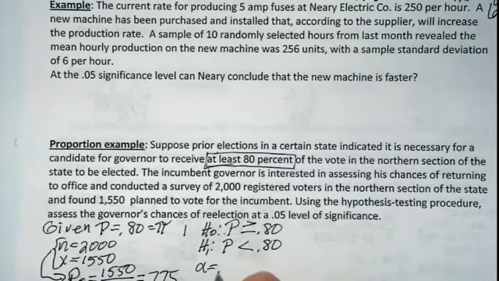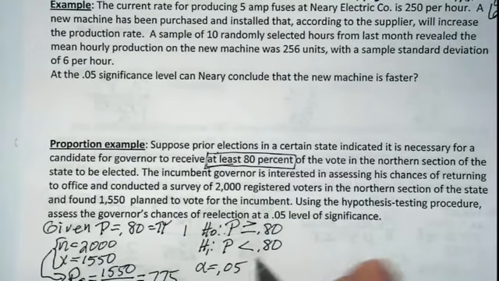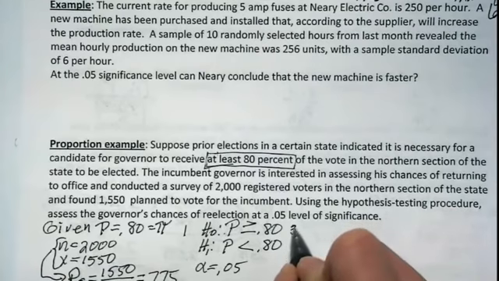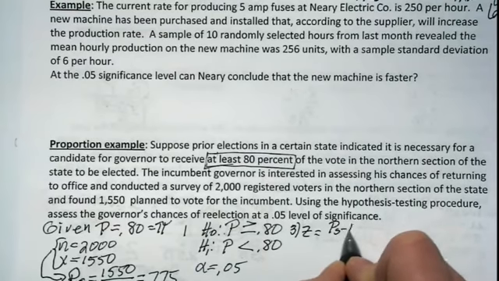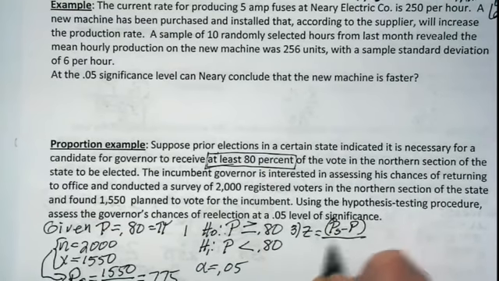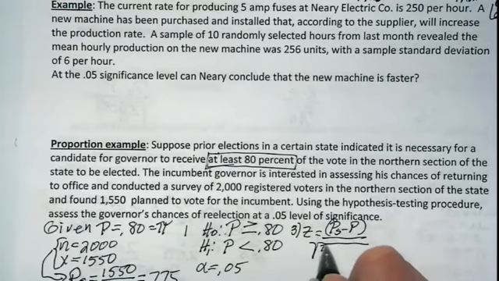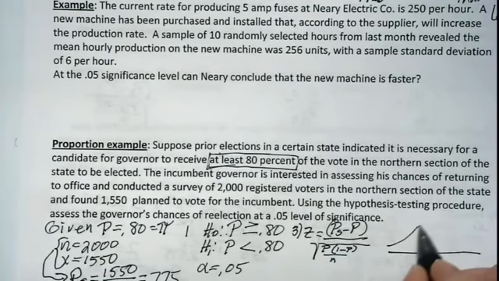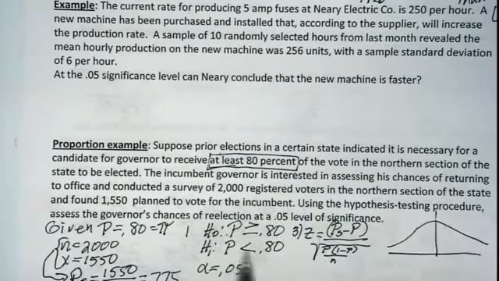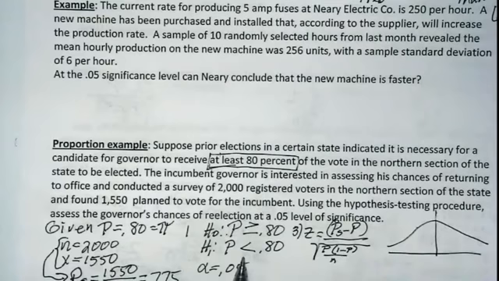Second step is alpha is 0.05. This time, guys, we're going to use the z. We always use the z for proportion, but we've got to use the proportion formula. Right there. Step 4, let's draw the curve. Is it one or two tail?